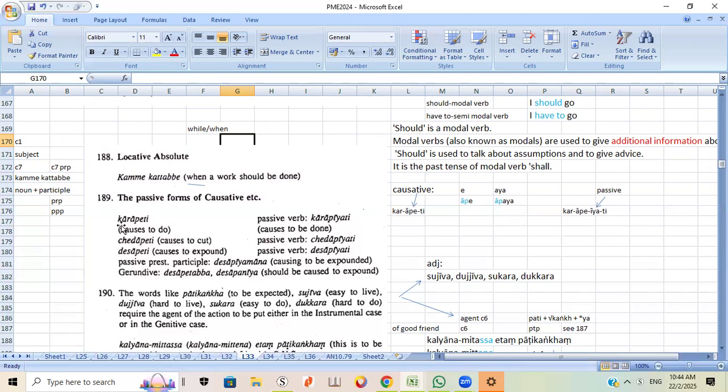So causative, let's say if you take this one is a causative. Karapeti. Karapeti means cause to do. So in this case, we put ka plus ape plus iya. This one becomes passive.